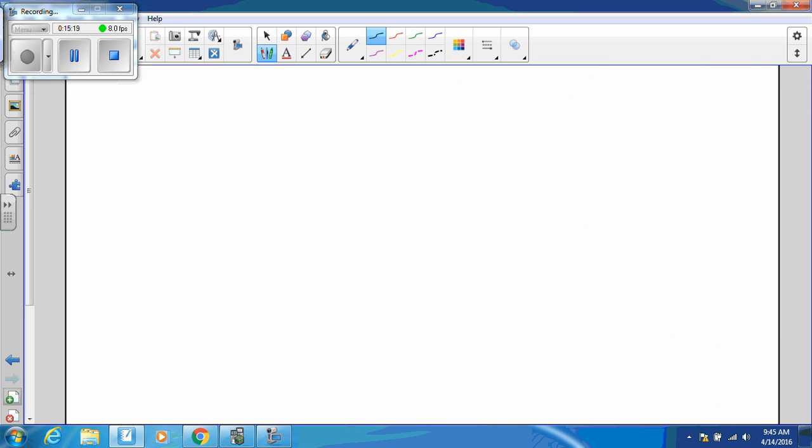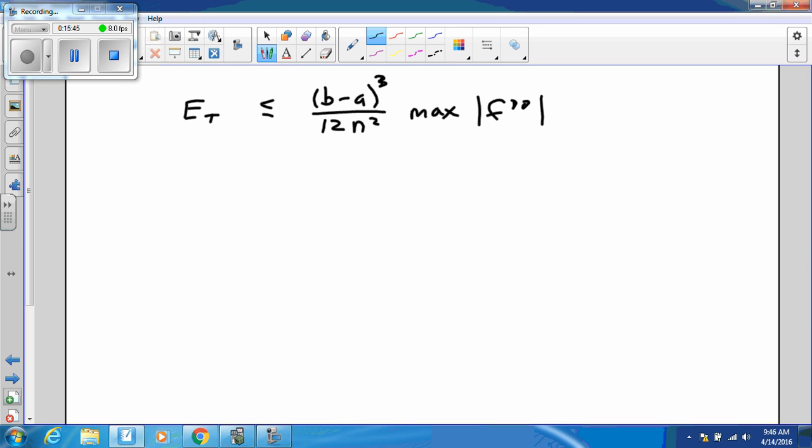So this is the piece of cultural literacy that is not tested on the exam but is worth knowing. And that is that the error in the trapezoidal rule is bounded by, you can write it as (b minus a) cubed over 12n squared times the max of f double prime on the interval a to b.